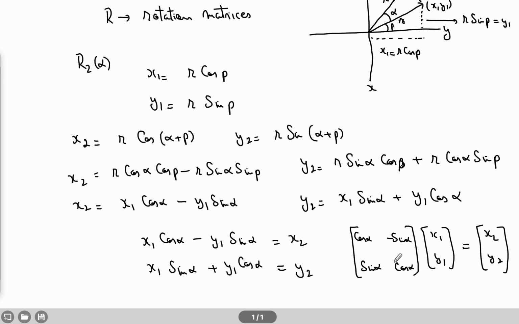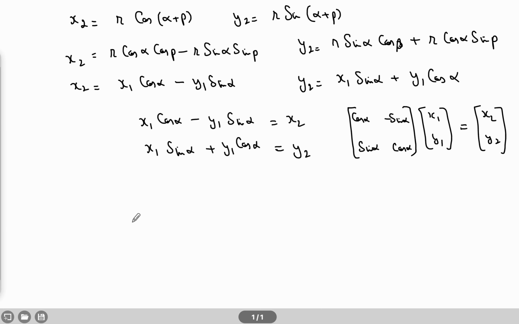So this is my rotation matrix. So this rotation matrix takes x1 y1 to x2 y2 from initial position to final position, and this rotation is in anti-clockwise direction, so that's why you have a negative sign here. If the rotation is done in clockwise direction, you will get a negative sign here instead of here, right? So that is very simple.